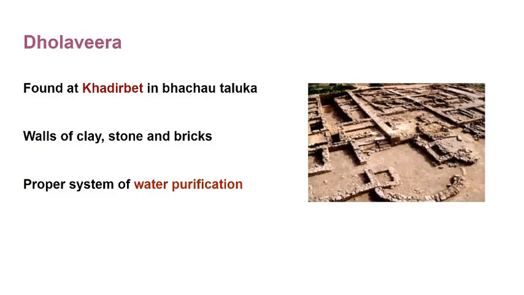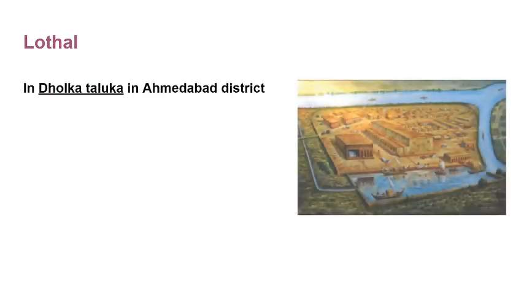Now let's talk about another archaeological site of Gujarat, and that is Lothal. Lothal is situated in Dholka Taluka of Ahmedabad district. Dholka is a place between two rivers, Bhogavo and Sabarmati.